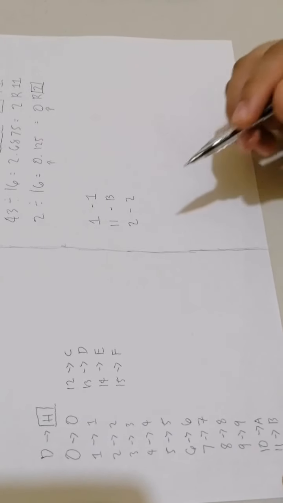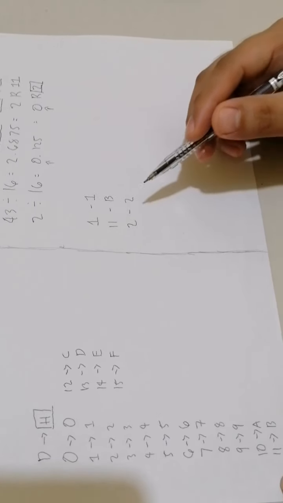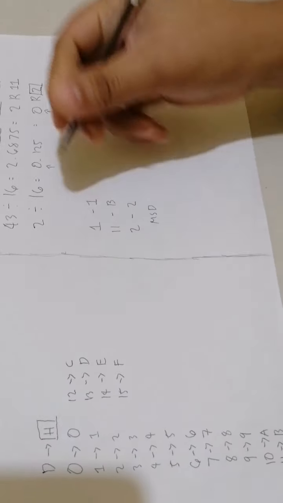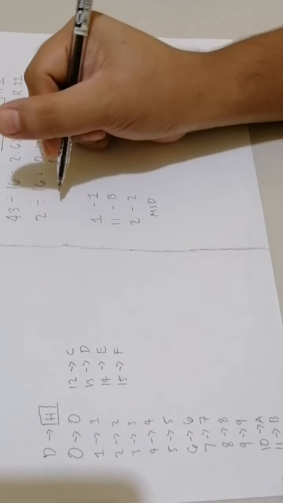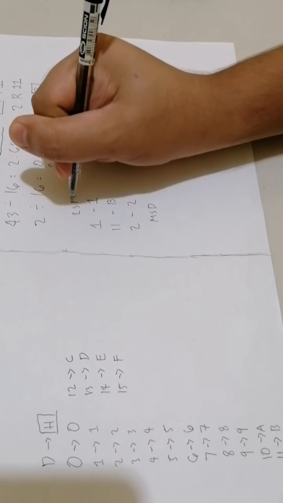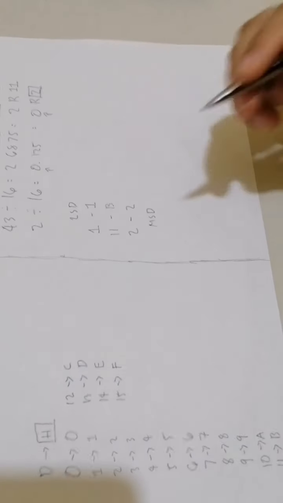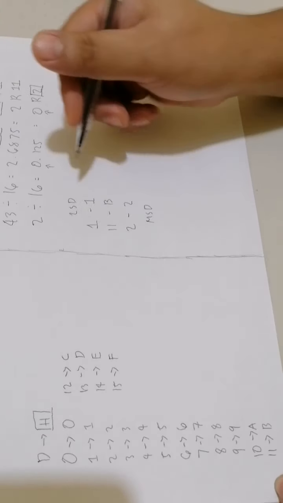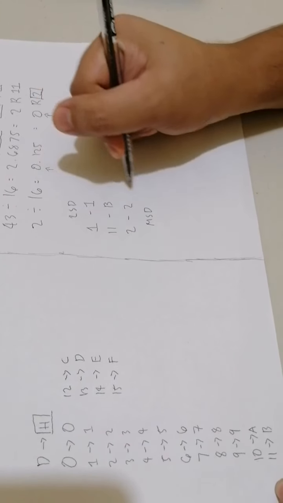Now, 2 is the most significant digit, and 1 is the least significant digit. So we need to write it in this order from the most to the least significant digit.